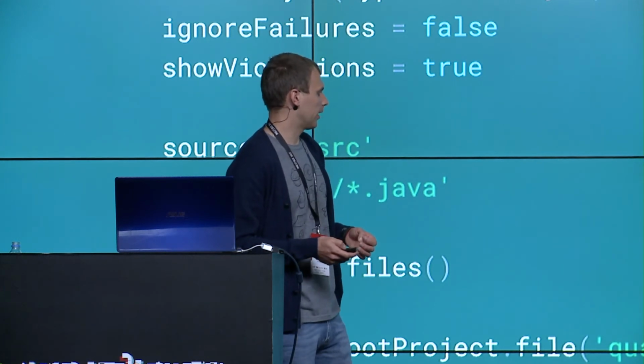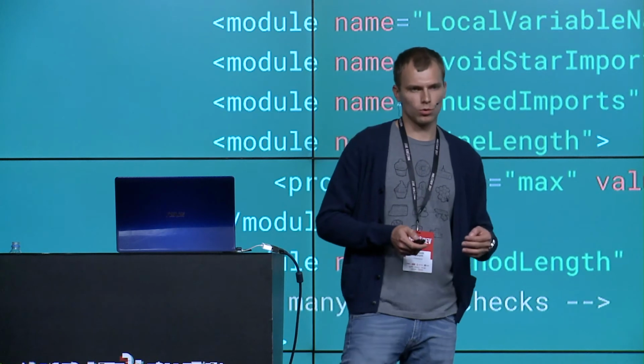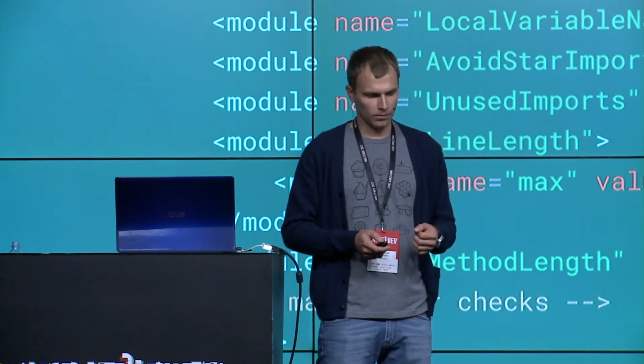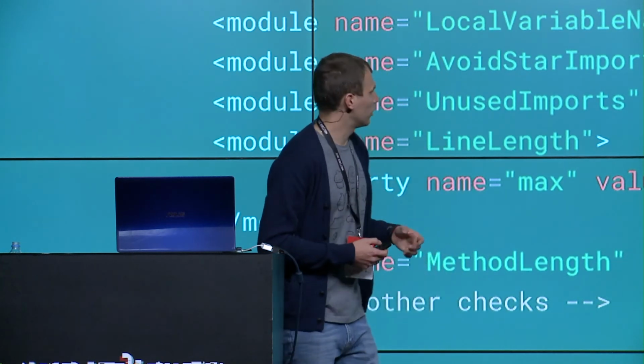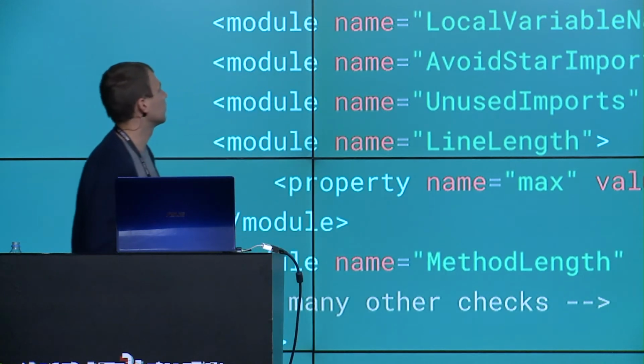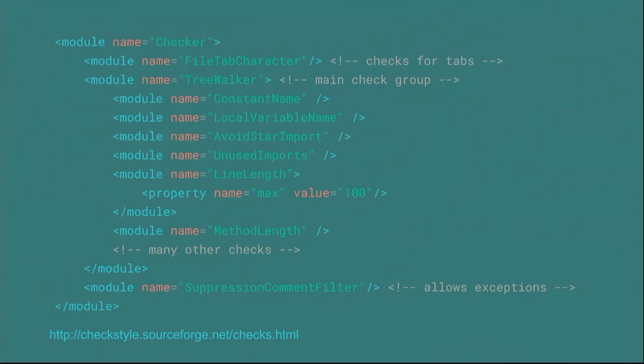The config file has a set of all the rules you want to check. This is the file. In this case, we are checking for tab characters in files, which means we don't use tabs in our style.